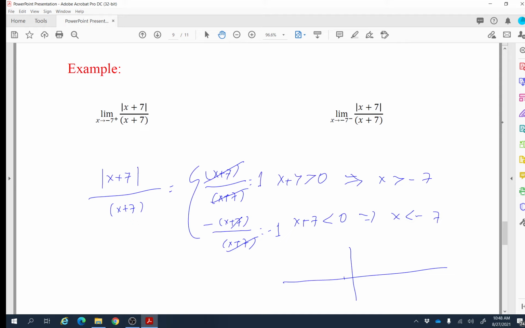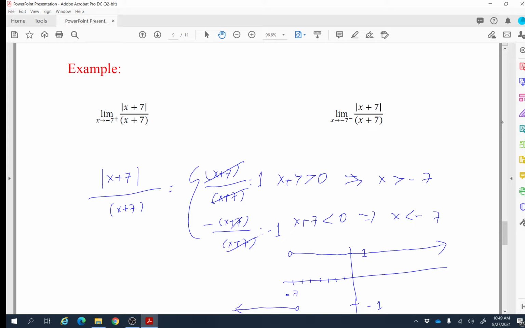So let's say negative 1, 2, 3, 4, 5, 6, 7. So negative 7 is here. So this function would be 1 when x is greater than negative 7. Let's say this is 1. Let's say this is negative 1.